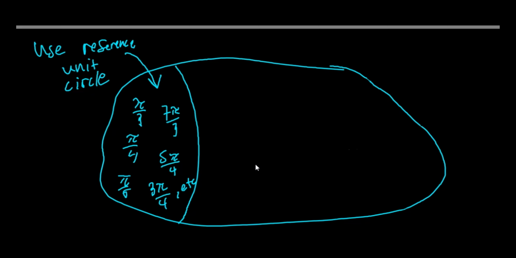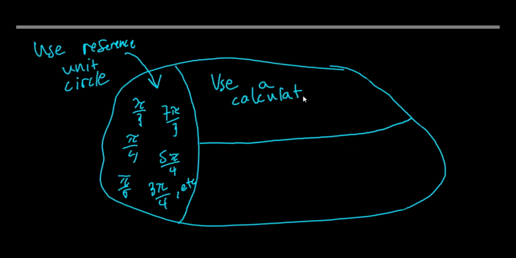So if we're given an angle that doesn't fall into this category of typical angles, then we have a second scenario that has two sub-scenarios. One of the sub-scenarios is we just use a calculator. And we're careful to set that calculator to degrees if we're taking the sine, cosine, or tangent of an angle measured in degrees, and radians if that angle is measured in radians.